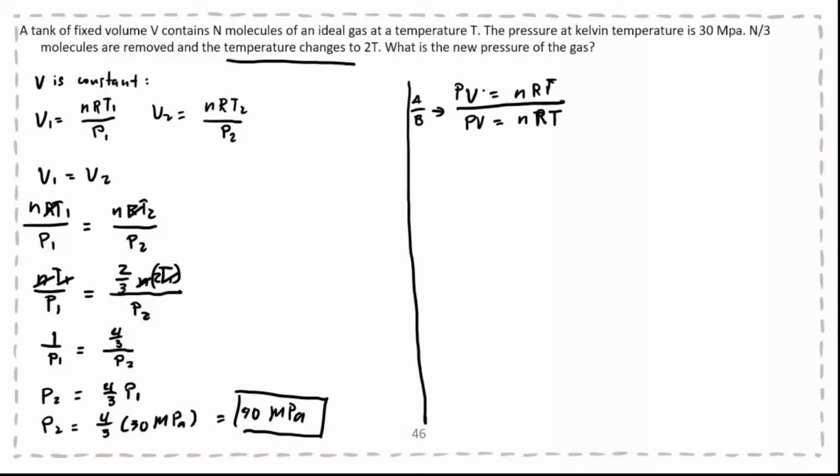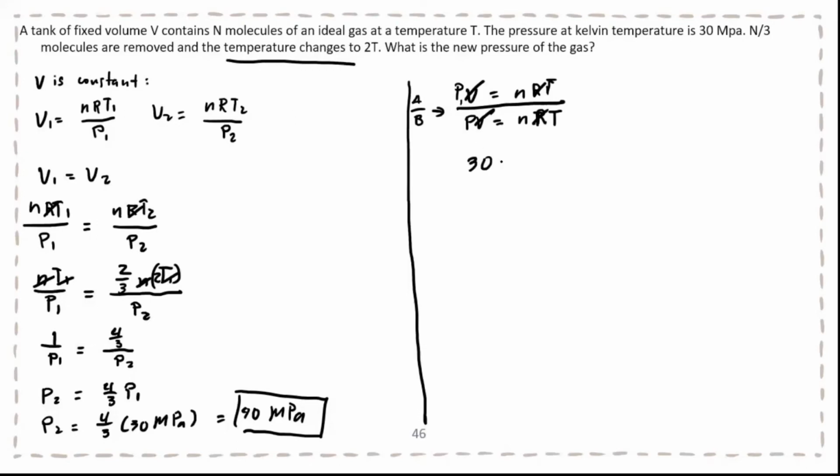Okay, pressure, hindi siya constant. Ang constant sa atin ay volume. Diba? Ano pa yung constant sa atin? Ang R, hindi naman yun babago. So, we are left with this. Diba? So, anong next na gagawin? So, pressure 1, given tayo. Okay.